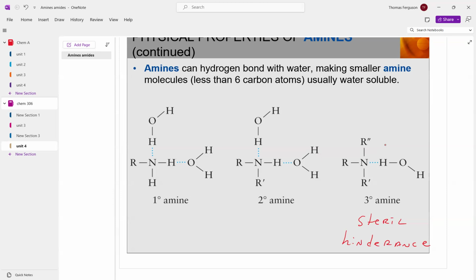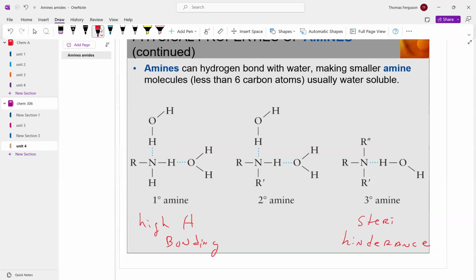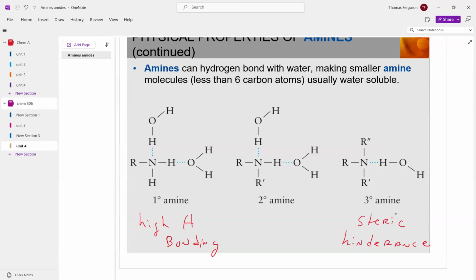So the third degree, or tertiary amine, has low hydrogen bonding because there are no hydrogens present. And secondly, you have steric hindrance going on.